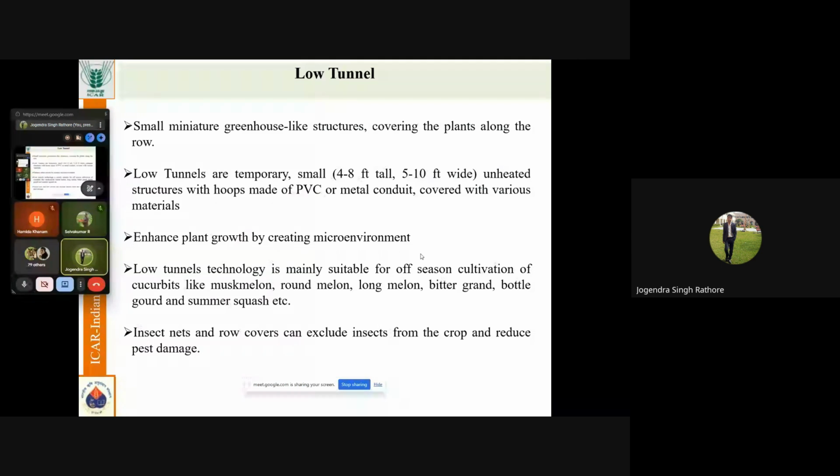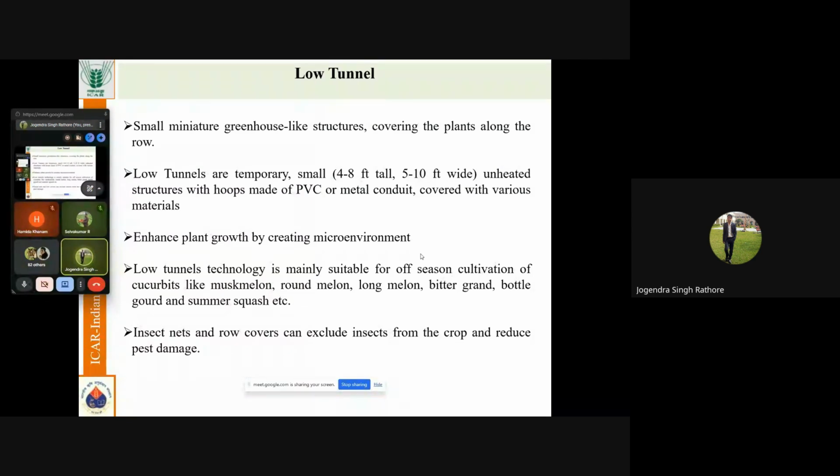Basically, low tunnels are small protective structures constructed over a crop using hoops made of metal or whatever material is available, covered with polythene film, and we cover a single row under one tunnel. These structures are usually temporary and widely used during the early stages because they are small in size.